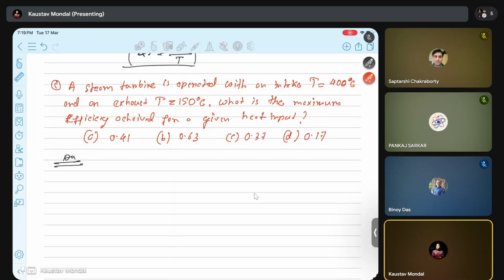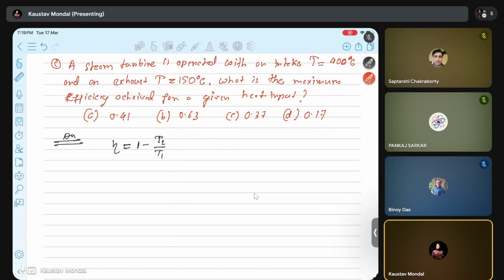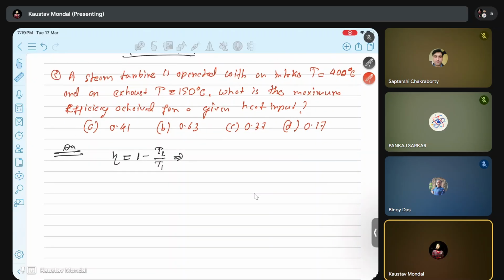For a Carnot engine working between two fixed temperatures, the expression of the efficiency is given by eta equal to 1 minus T2 by T1, right?